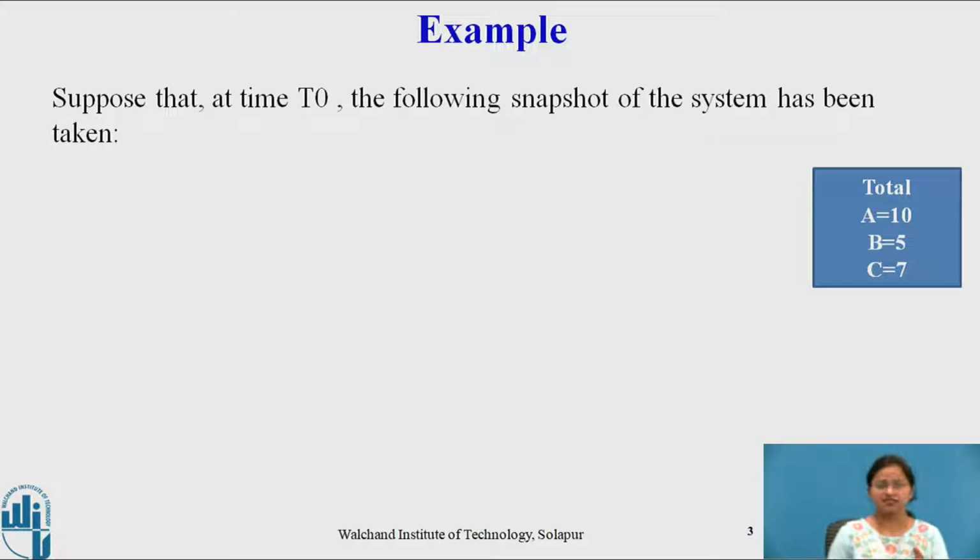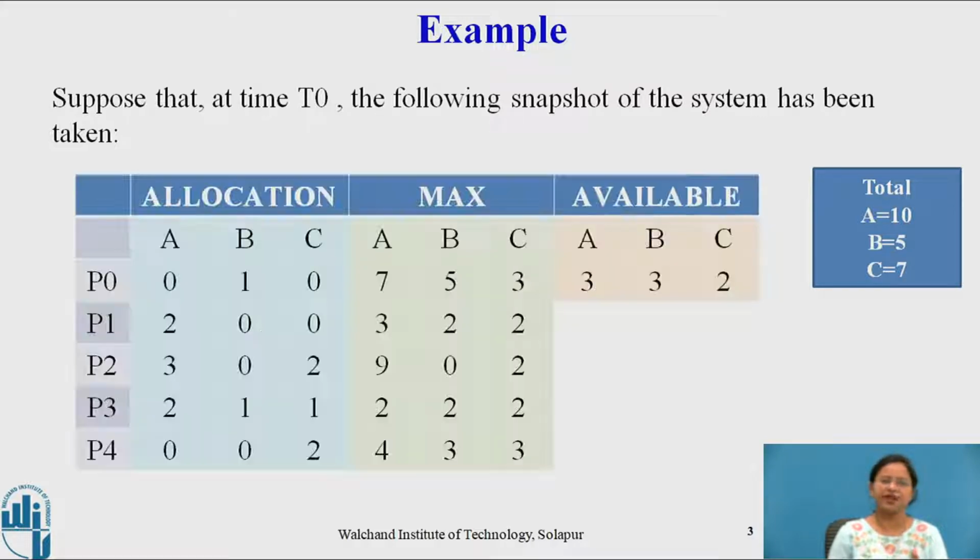Let us consider that at time t0 the following snapshot of the system has been taken. This snapshot contains processes P0 to P4 and how many instances of each resource are allocated to each process. It contains the maximum need required for each process and it contains the available matrix.